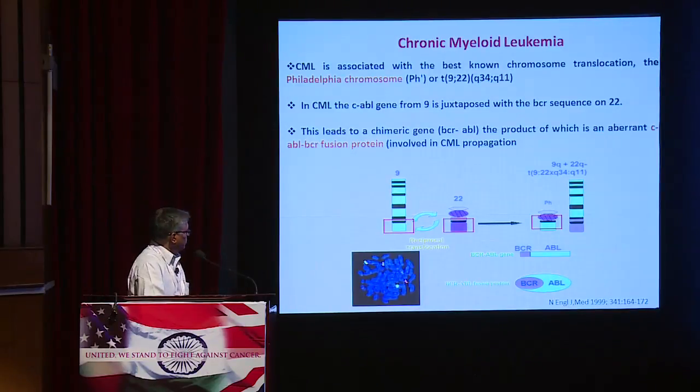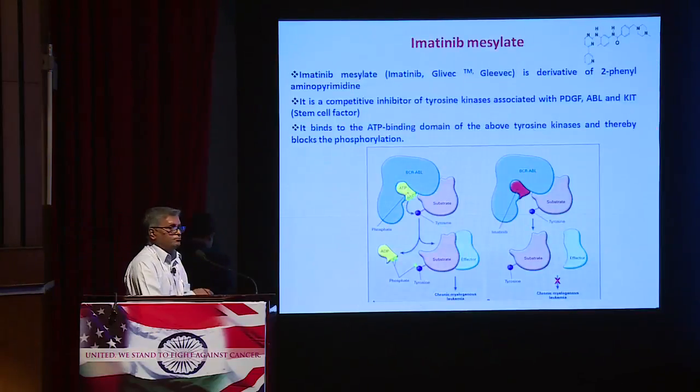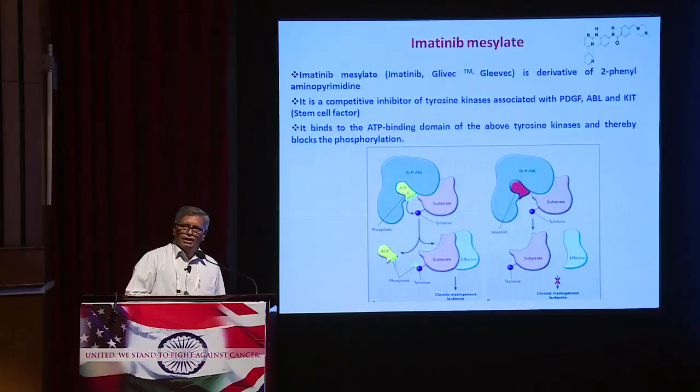As you know, chronic myeloid leukemia is because of the chromosomal translocation, the famous Philadelphia chromosome, where part of chromosome 9 is translocated to chromosome 22, and as a result there is a BCR-ABL kinase which got activated constitutively, and that was shown to be responsible for chronic myeloid leukemia.